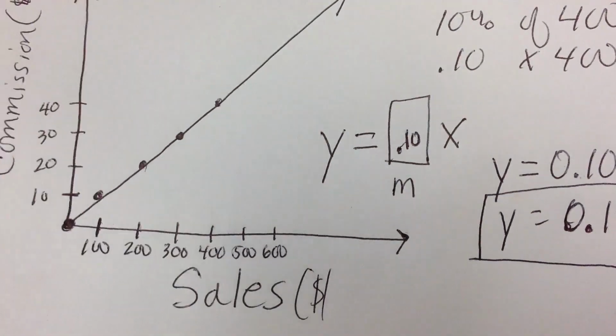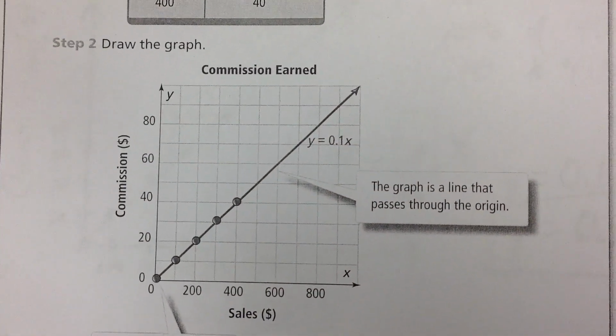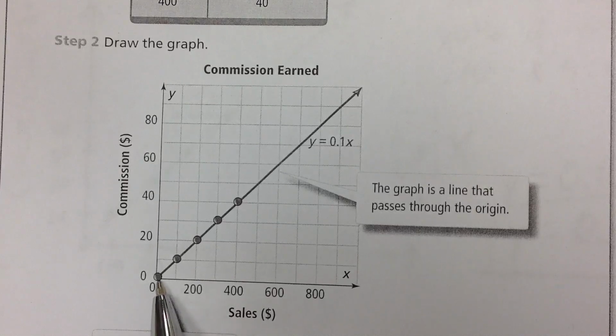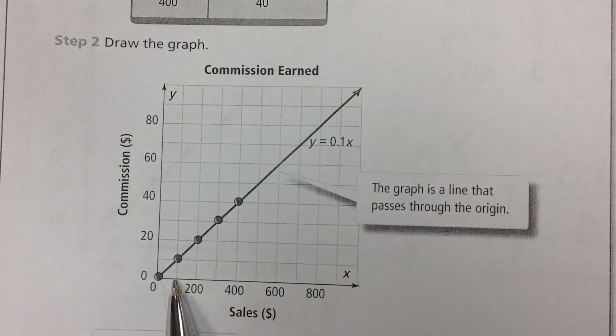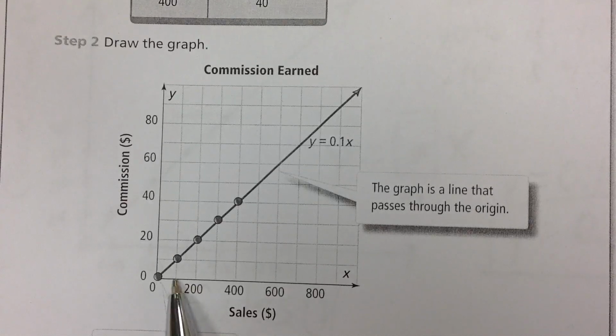Now, next, I want us to look at a graph that was drawn that's a little different from ours. Same values. It's just, here again, you don't see a number in between 0 and 200. Halfway in between 0 and 200 would be 100.